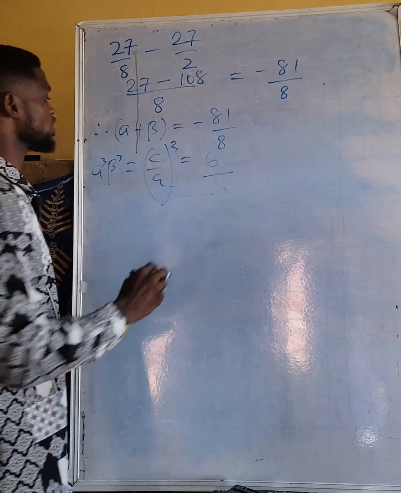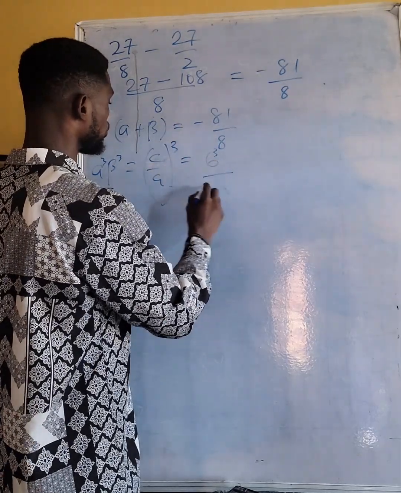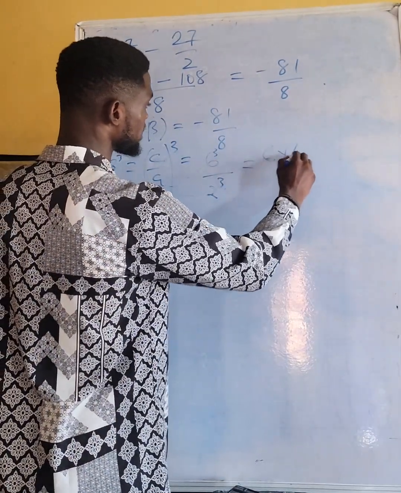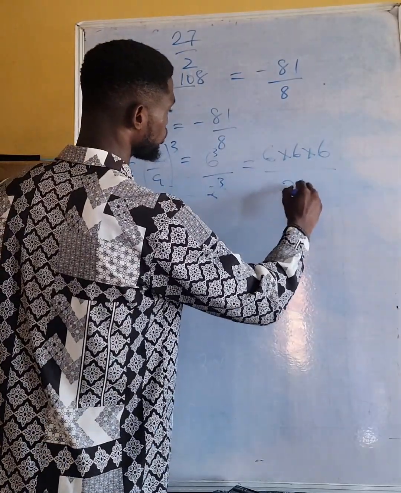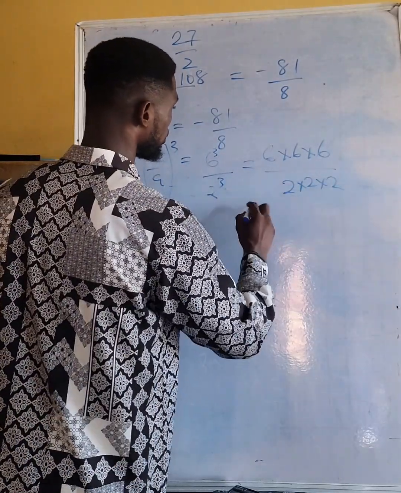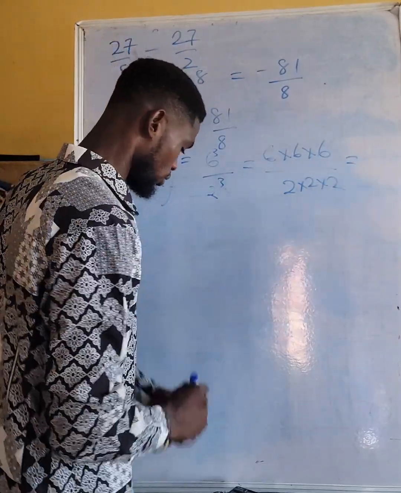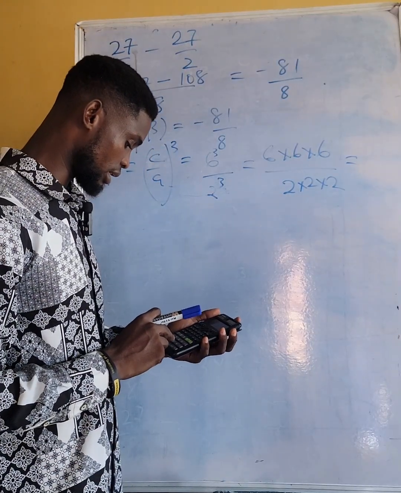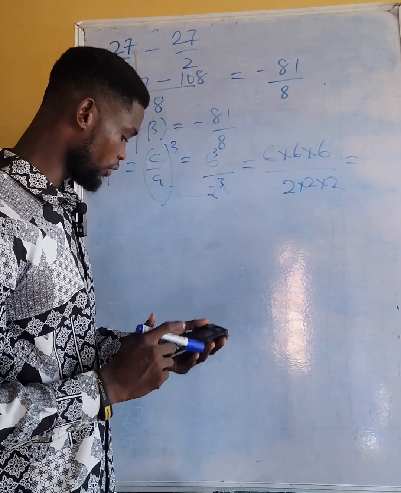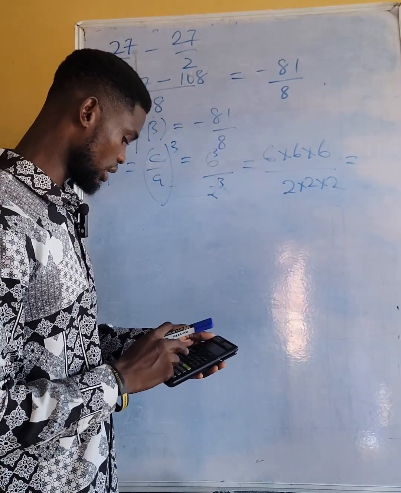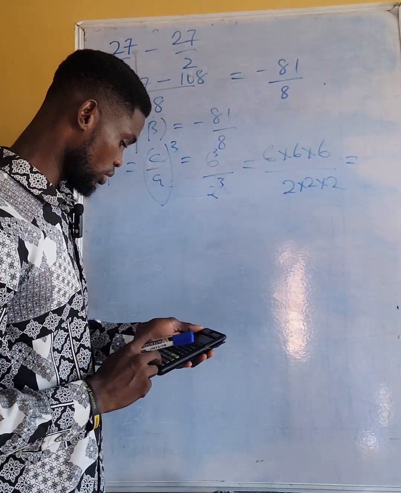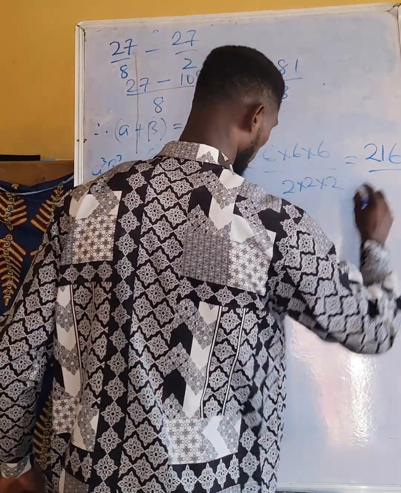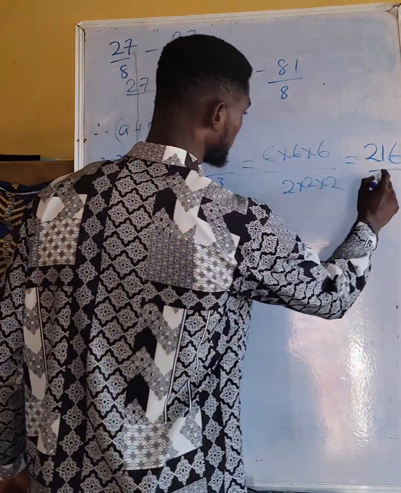So 6 cube over 2 cube. 6 cube means 6 times 6 times 6 over 2 times 2 times 2. So what do we have? 6 cube: 6 times 6, 36, times 6 will give you 216. That is, 6 cube is 216. So we have 216 over 2 times 2 times 2, that is 8.